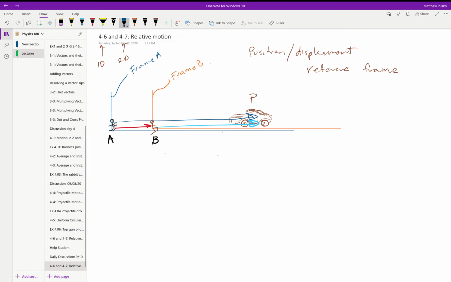Let's give them some names. This would be the X location of P with respect to A, and if you notice, that equals this one plus this one.